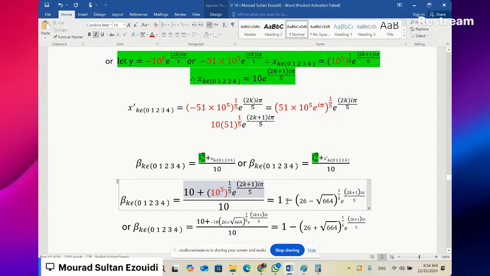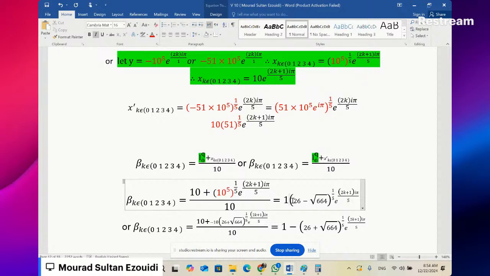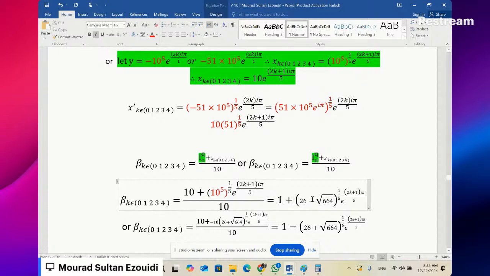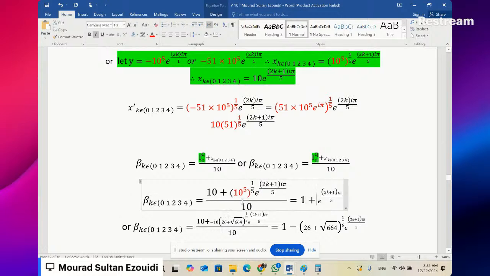So it will be 1, plus what? It will be only 10. 10 divided by 10 is 1, because 10 raised to the power 5 raised to the power 1/5 is 10. 10 divided by 10 is 1. So just raise this one.